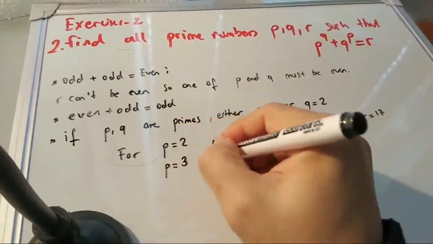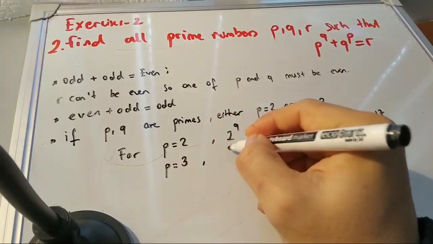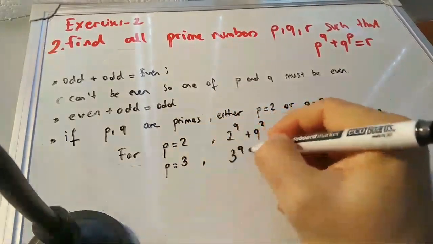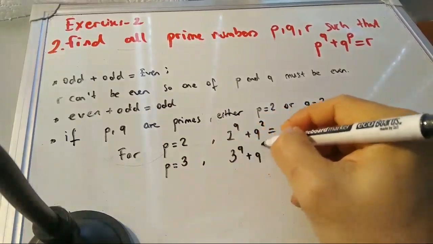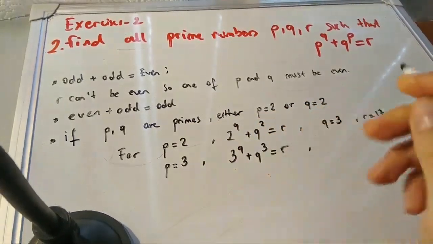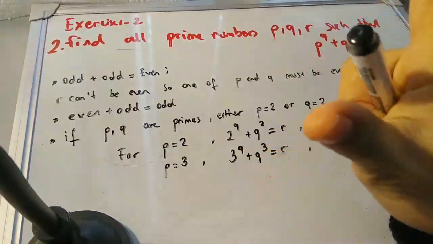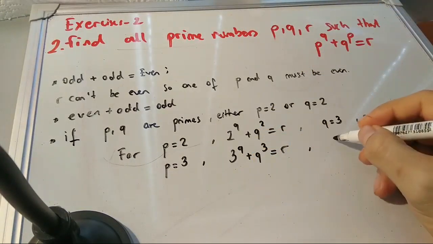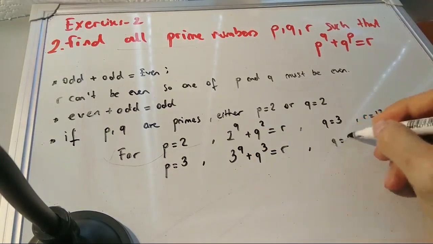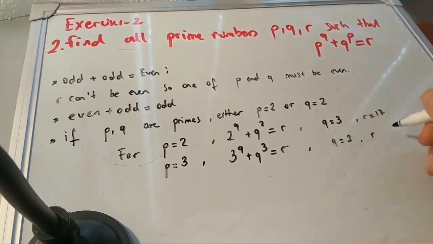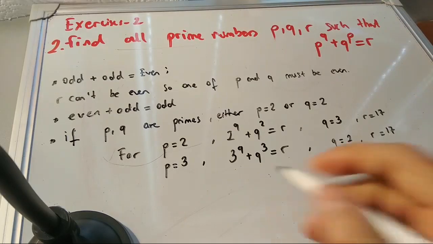If p is 3, 3 to the power of q plus q to the power of 3 is equal to r, so we exchange the values between p and q. Now q is 2, but r remains the same, 17. Yes, we found p, q, and r.